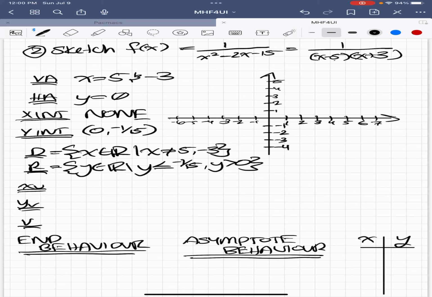So for the range, I didn't explain this before. Because it is a point, the vertex, I'll show you here.